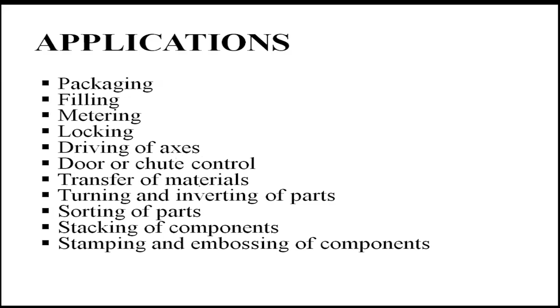Then transfer of materials, turning and inverting of parts, sorting of parts, stacking of components and stamping and embossing of components. So these are all the applications where the pneumatics is used. This is all about the pneumatics.